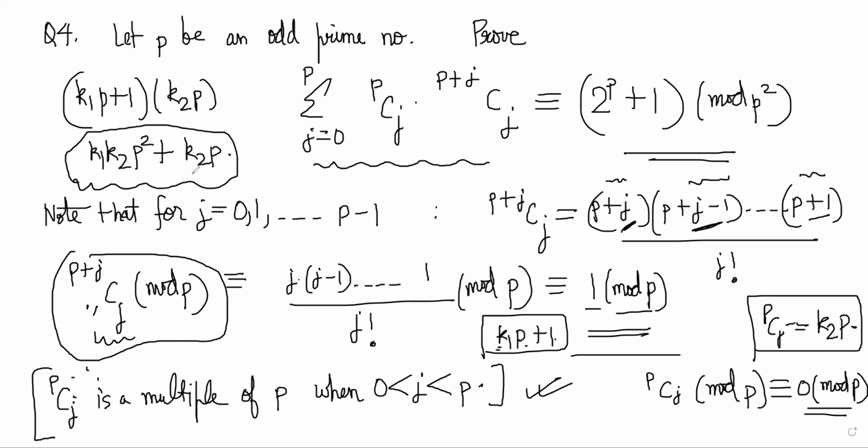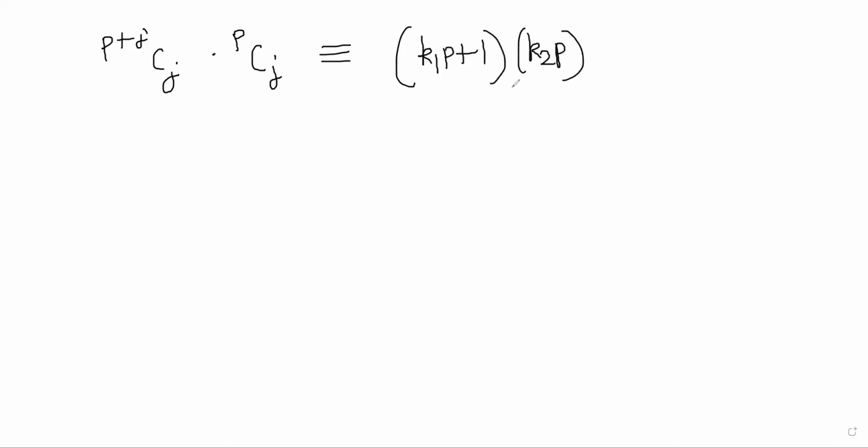If you take mod p square here, you're going to get K2 p mod p square, which is the same as pCj mod p square. So what I'm saying here is (p+j)Cj multiplied by pCj is congruent to (K1 p plus 1) into K2 p, which is K1 K2 p square plus K2 p.